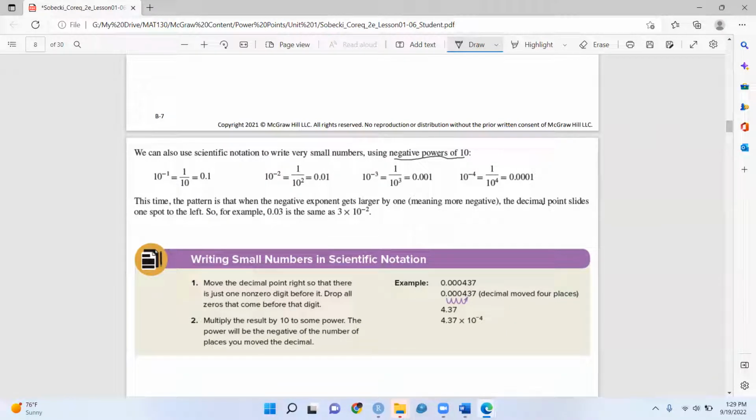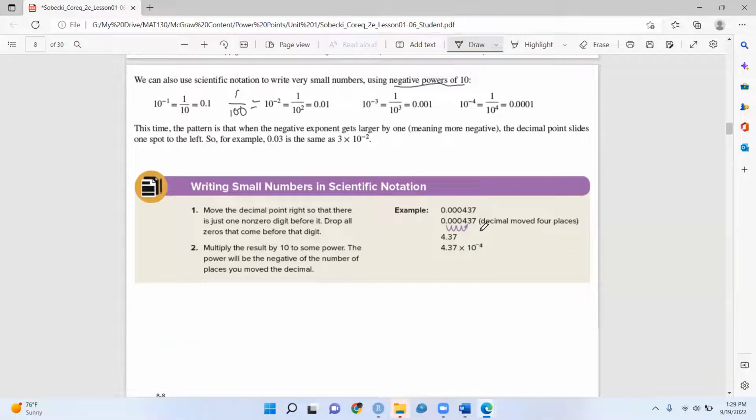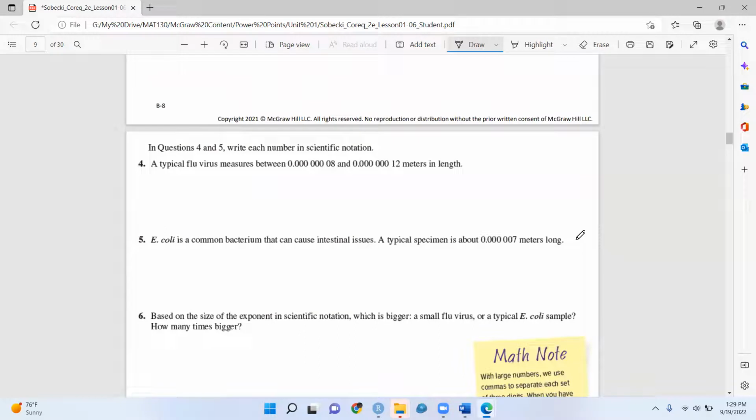So when we have 10 to the negative 1, that really means 1 divided by 10. Or 10 to the negative 2 really means 1 divided by 10 squared, or 1 divided by 100. That's 10 times 10, and so on and so forth. So what that does is we can take really small numbers and then write them with a negative exponent.